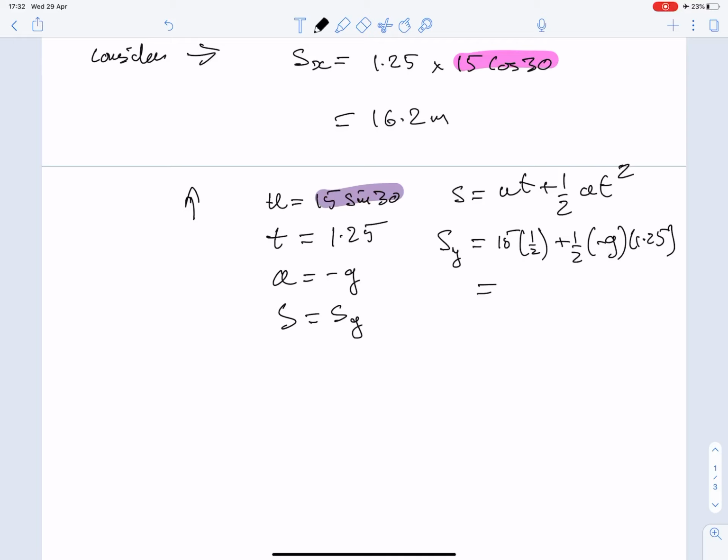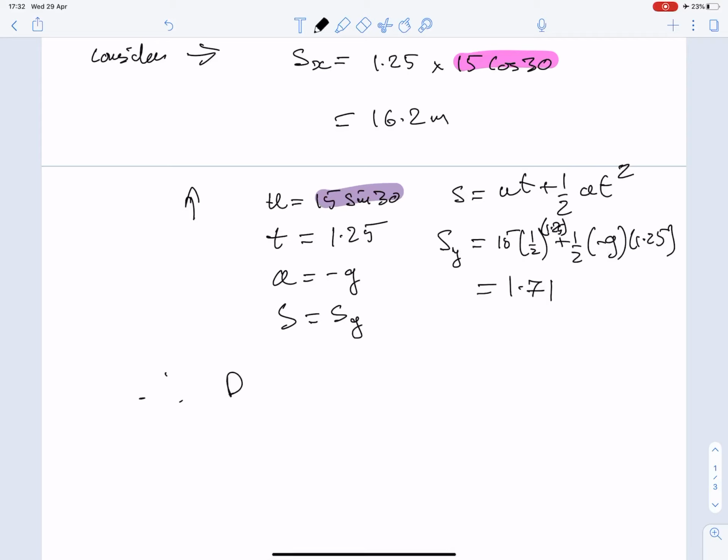Yeah, 15 sine 30 times t. I hope you got that right the first time, so that would be 1.25 sneaking in there. Okay, now we can tap that in the calculator and it comes out to be 1.71.